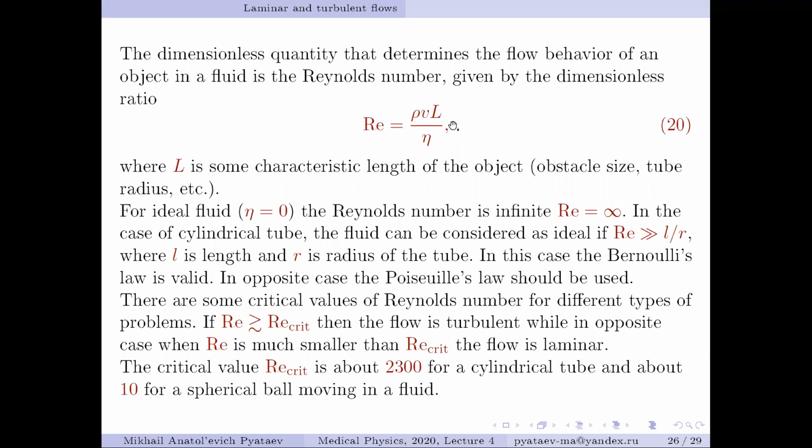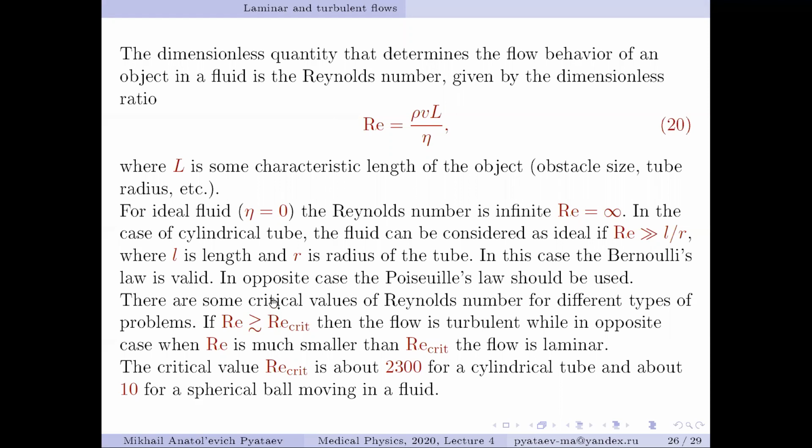In other cases, L can be something else, but in every problem, we can define some characteristic length, and we can calculate this Reynolds number. By this Reynolds number, we can estimate if the flow will be turbulent or laminar.